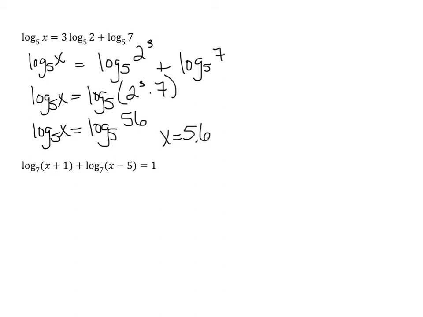You can't do it. So you're going to have to find another way, and that way is to recognize that this is being added, which means that I can multiply these together. So I end up with the log base 7 of x plus 1 times x minus 5 is equal to 1.